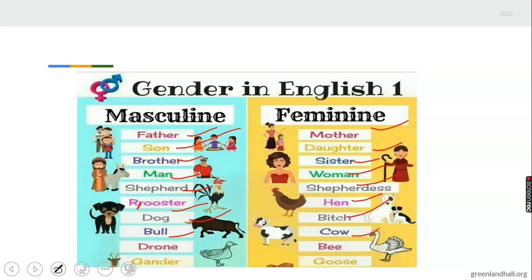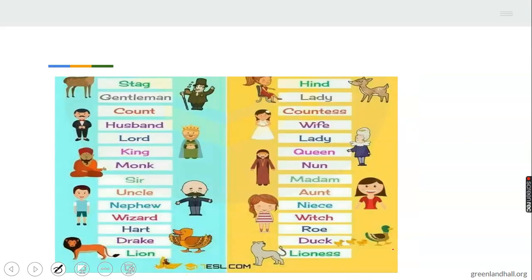Cow. Drone, bee. Gander, goose. Stag, hind. Gentleman, lady. Count, countess. Husband, wife. Lord, lady. King, queen.